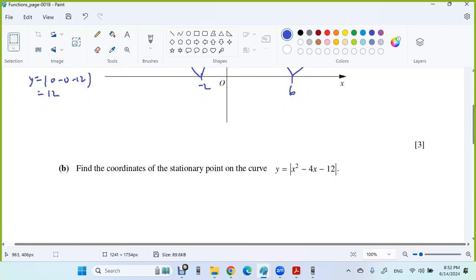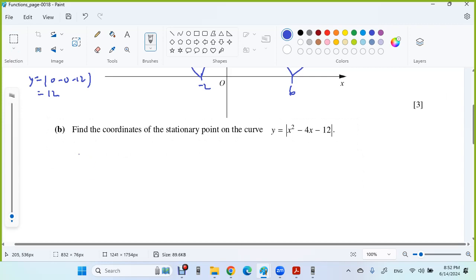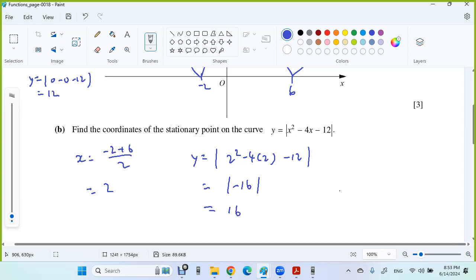So we know that the axis of symmetry is x equal to negative 2 plus 6 over 2, then it is 2. So when x equal to 2, y is the modulus of 2 squared minus 4 times 2 minus 12, then it is 4 minus 8 minus 12, then the modulus of negative 16, that is 16. So we have (2, 16).